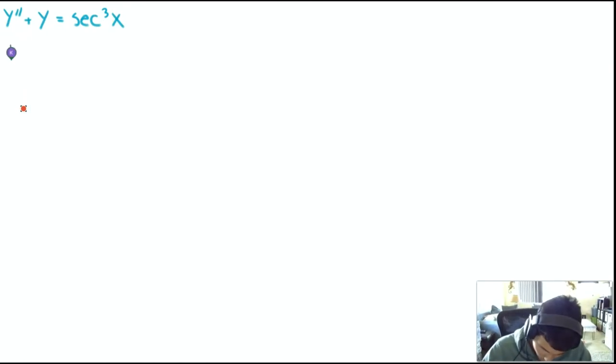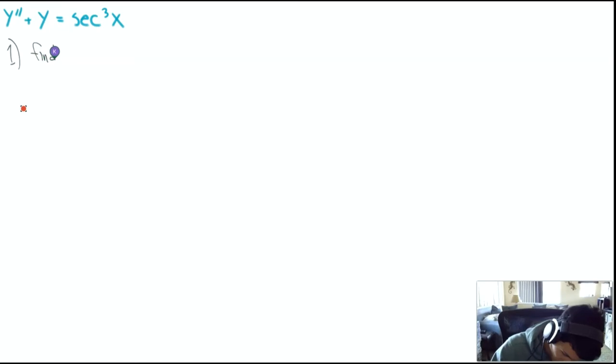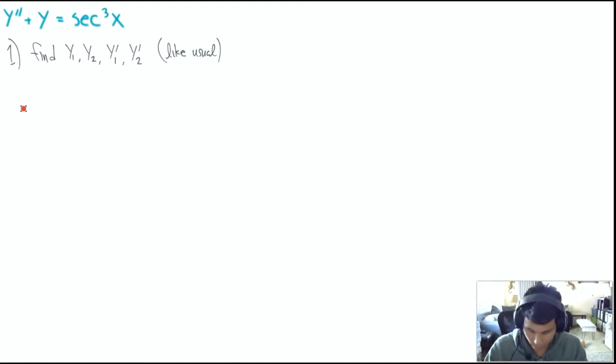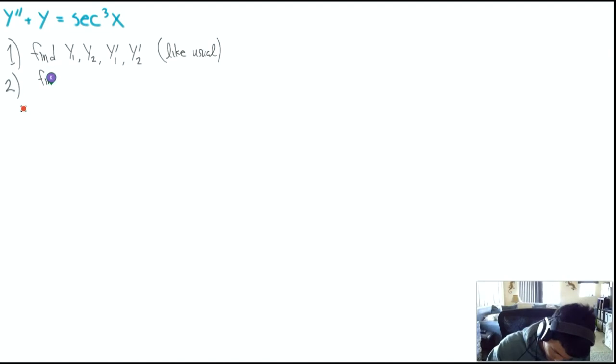So step 1 is find y1, y2, y prime 1, y prime 2. And this is like usual, right? Okay, what's step 2? Step 2, you're going to find the Wronskian, which is y1, y2, y prime 1, y prime 2.